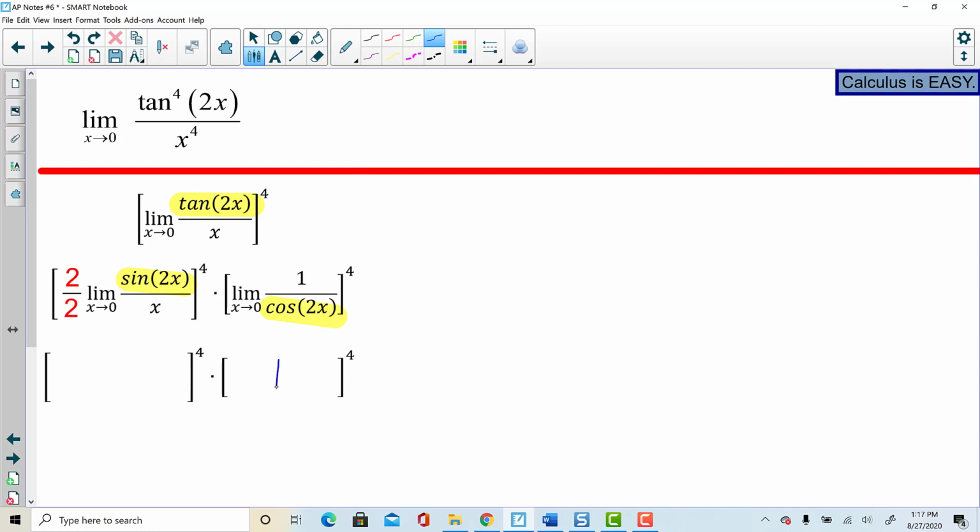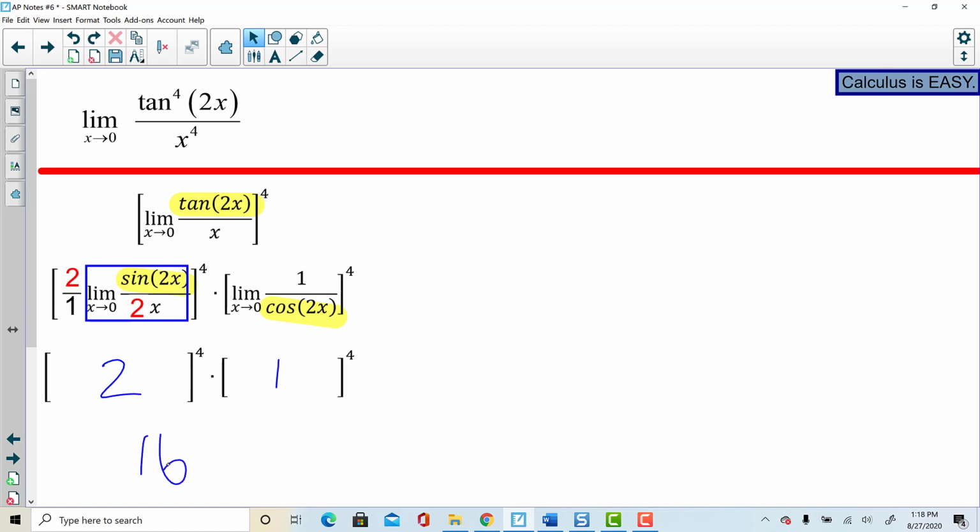So this other piece is just going to be 1 to the power of 4. For that first one, we're going to write 2 over 2 so we can bring one of those 2's inside. Now we have a special rule for that blue box. That limit will just equal 1. So the inside of the first one is just going to be 2 times 1. So that's just 2. So we have 2 to the 4, which is 16, times 1 to the 4, which is times 1. So your answer for this one is just 16.